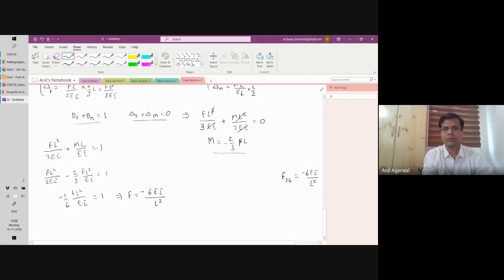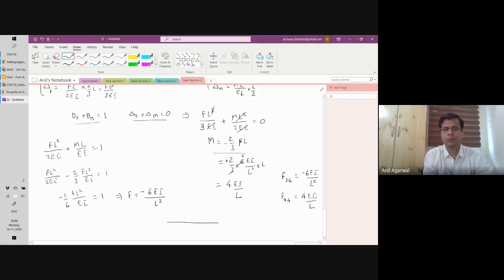The moment will be equal to now minus 2 by 3 multiplied by, that will become plus now 6ei by L square into L, that is 4ei by L. So my F44 will be 4ei by L.